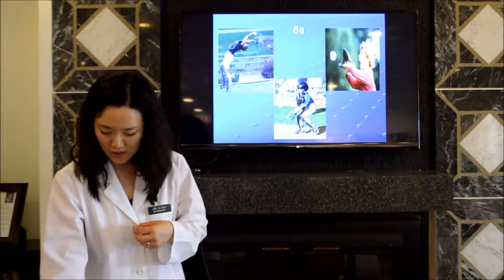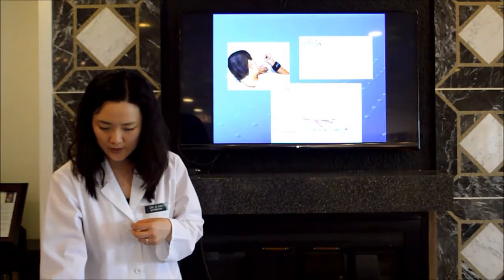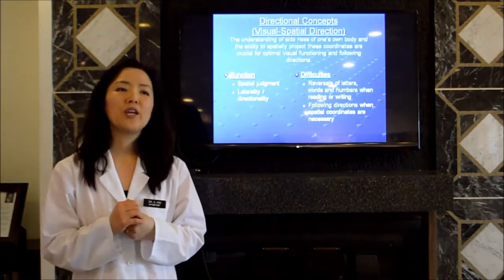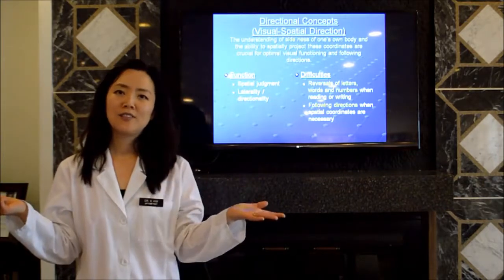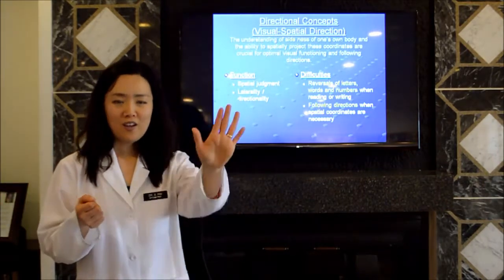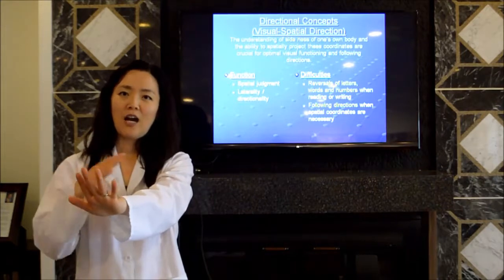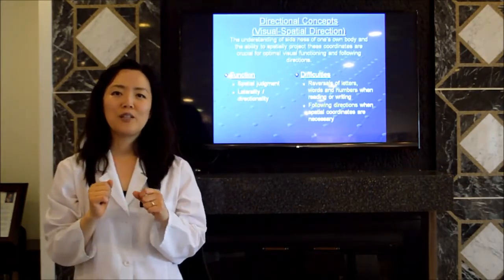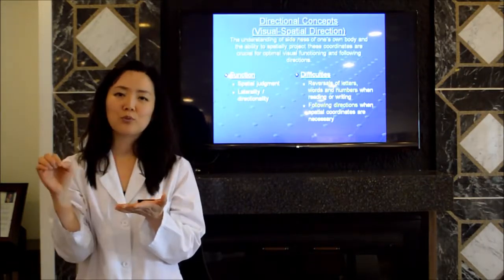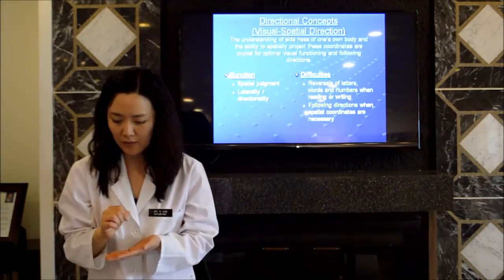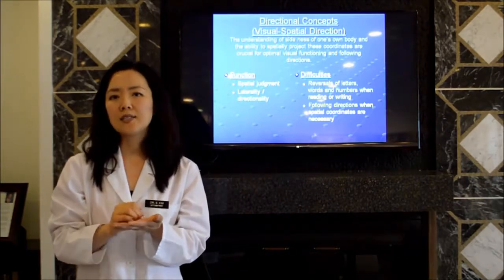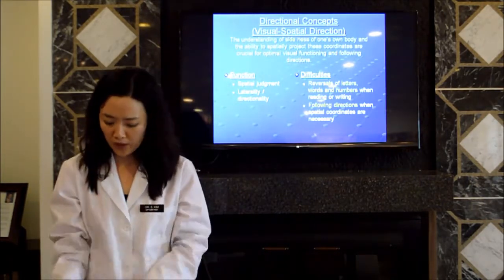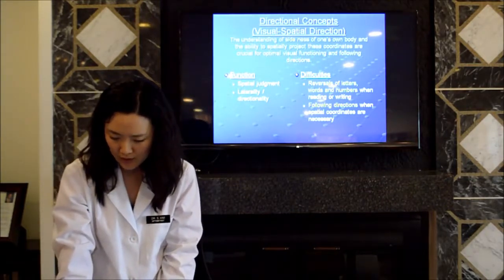So eye-hand coordination is essential in sports and writing. And directional concepts, knowing your right from your left, and knowing right and left outside of your body, top and bottom. This is so important for being able to read books and letters correctly, because when this is not set right, you're going to reverse letters often, and you're going to misread numbers and letters.